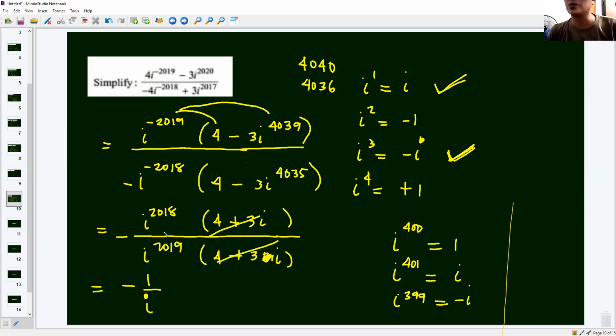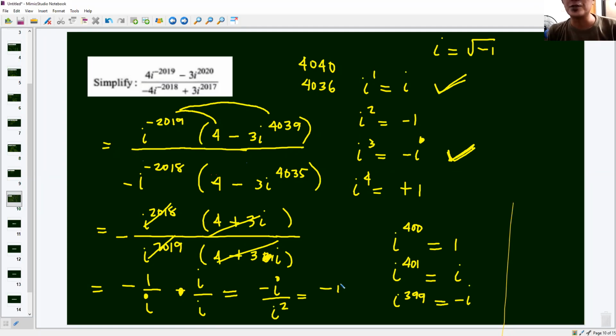Because may matitirang i. But you have to rationalize. You know that i is still a radical. So if you rationalize times i over i, what will happen sa taas? Negative 1 times i is negative i. Right? And what is i times i below? i squared. And what is i squared?